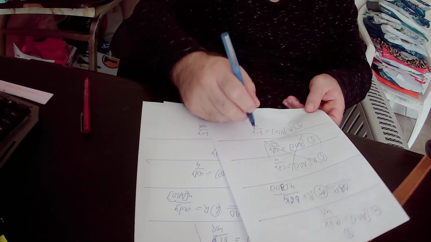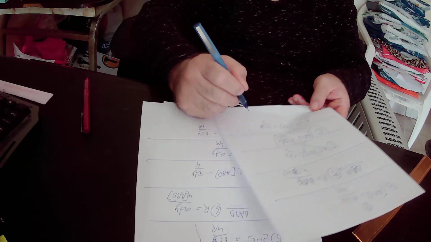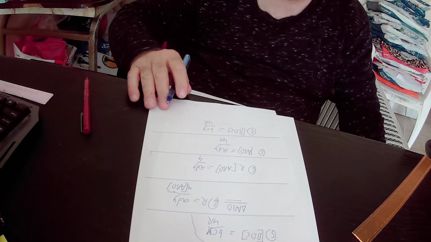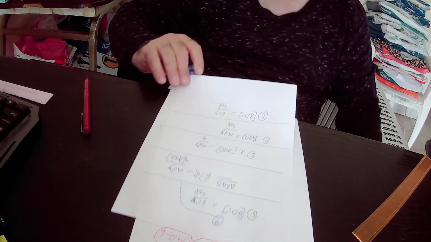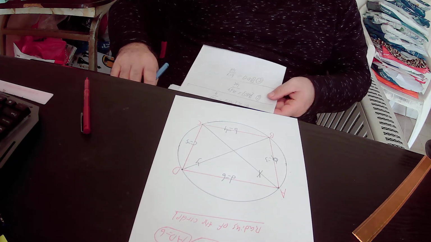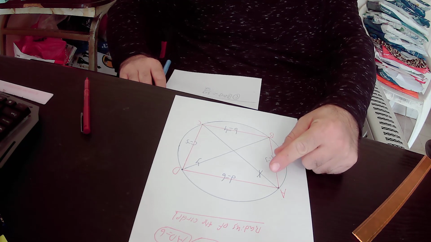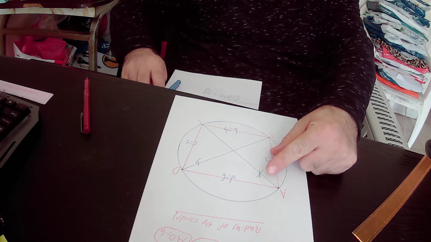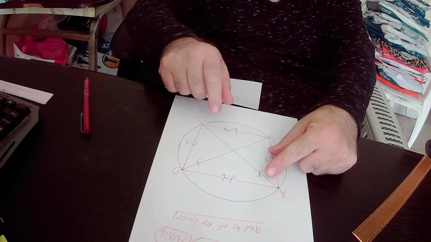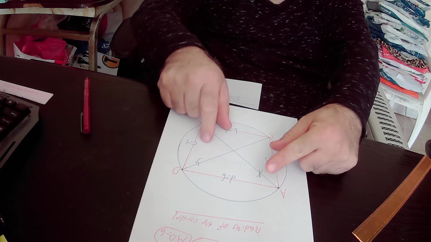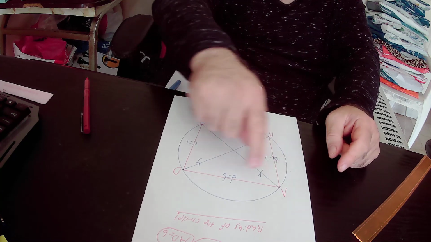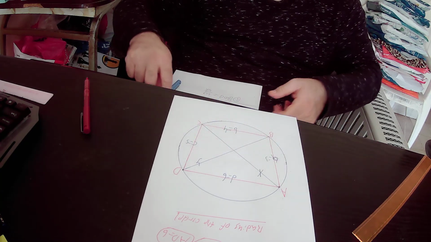Okay. So actually, if we combine together triangle ABD with triangle BDC, we will get quadrilateral ABCD.